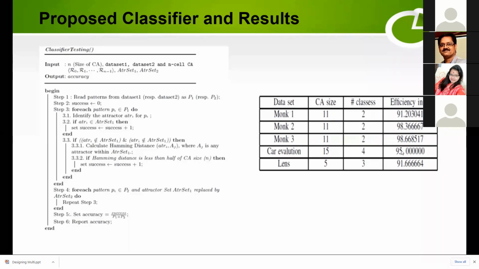From the state of the art methods, we see that the accuracies on these five data sets are the highest accuracies till now for the CA-based pattern classifier.